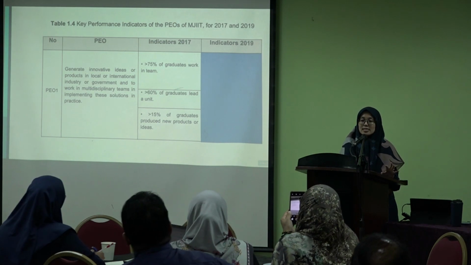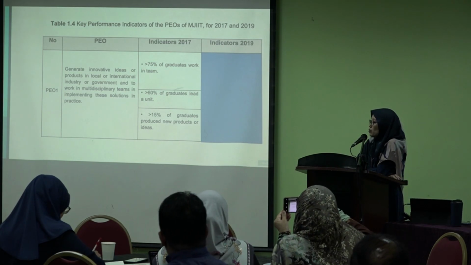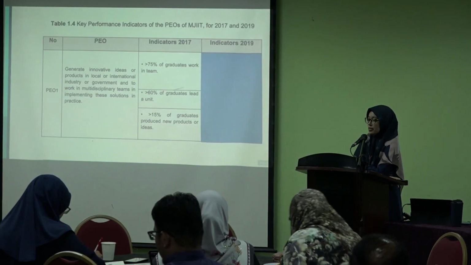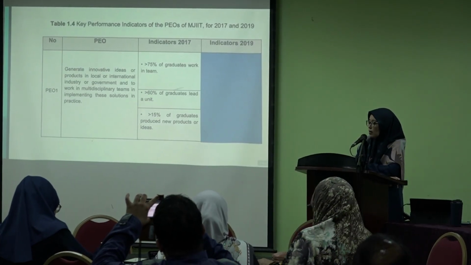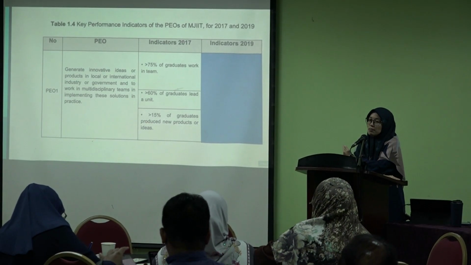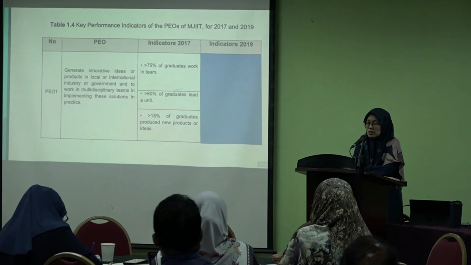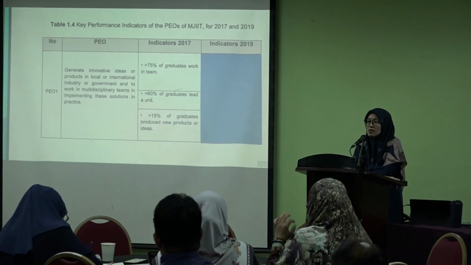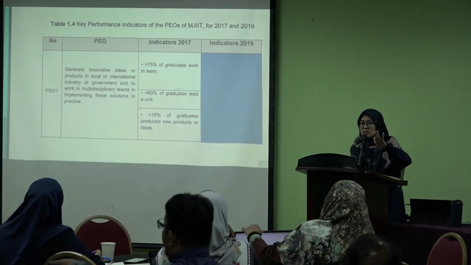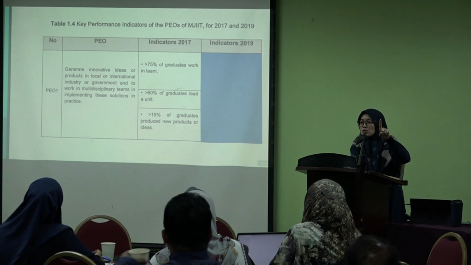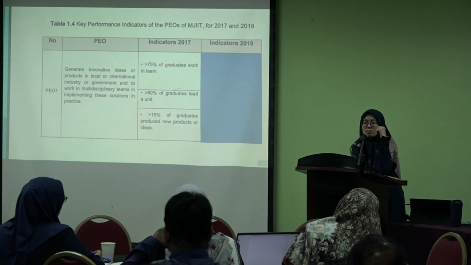Taking this PEO as an example, you can see here that in 2017 they published their performance indicators. You can see that for one PEO, how many performance indicators did they put? 3.